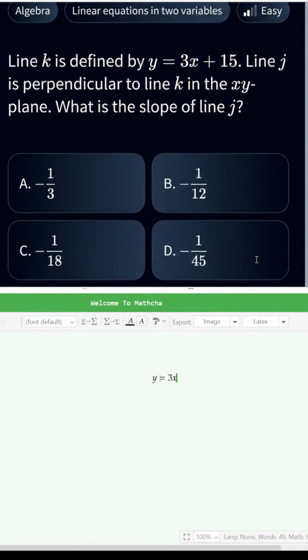So this is the equation of the line, y is equal to 3x plus 15, and this is the equation of line K. We can say that this is in the form of y is equal to mx plus c.